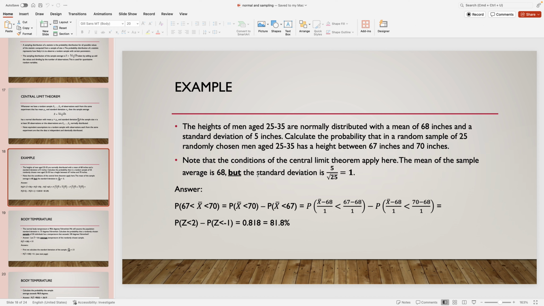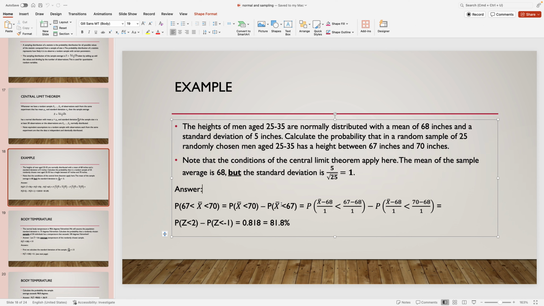So one of the most critical things when you apply the central limit theorem is to calculate the standard deviation of the sample correctly. So here, the original standard deviation was 5, but then we have to divide by the square root of the sample size, which gives us this number of 1. So we want to calculate the probability the sample average is between 67 inches and 70 inches.